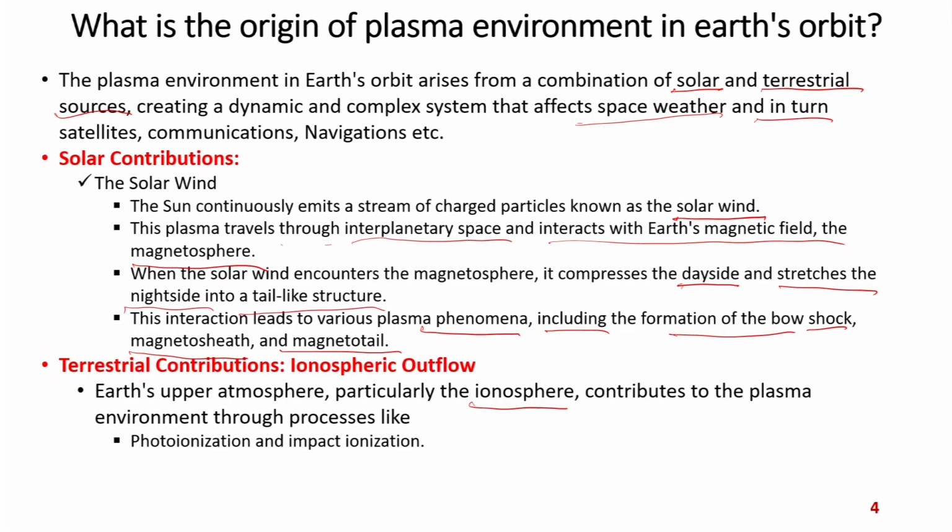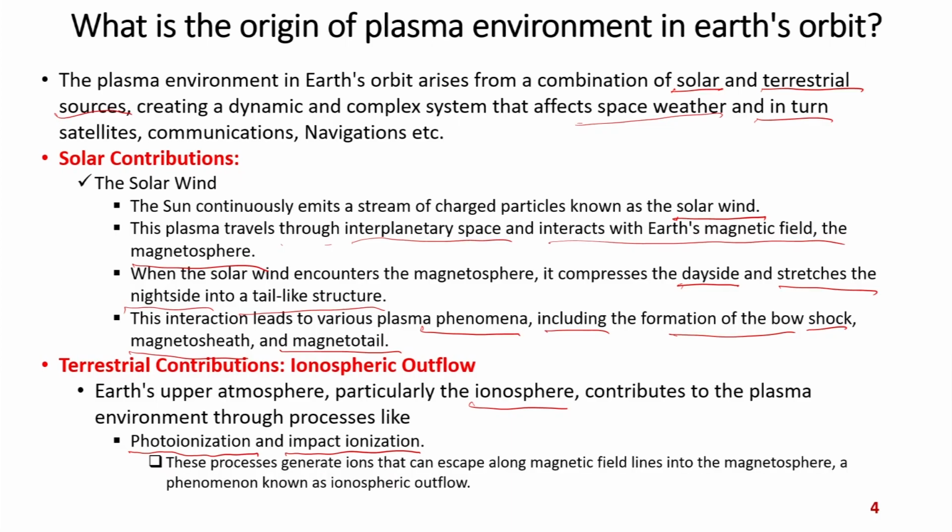How does this happen? With photoionization, as I already said, and there is another process, impact ionization. Whenever an ionized particle impacts a neutral particle, it can ionize that neutral particle. That is called impact ionization.